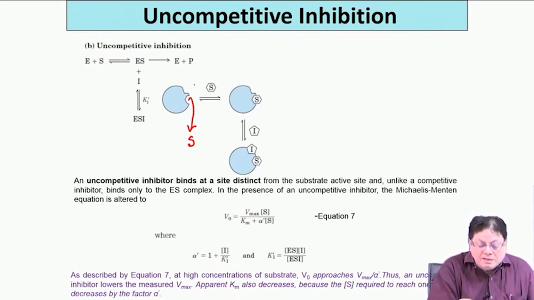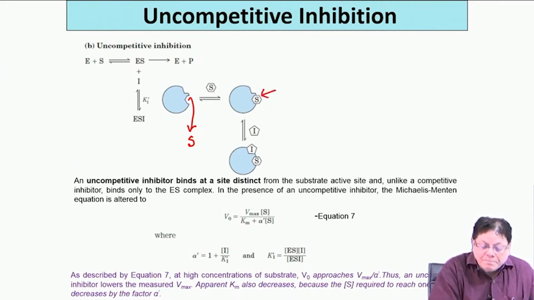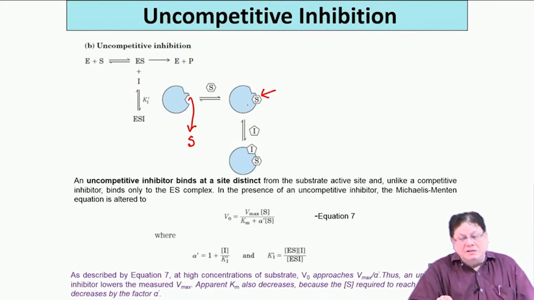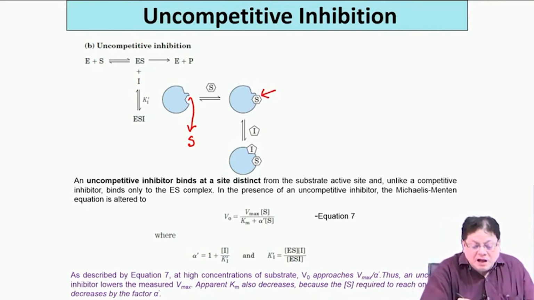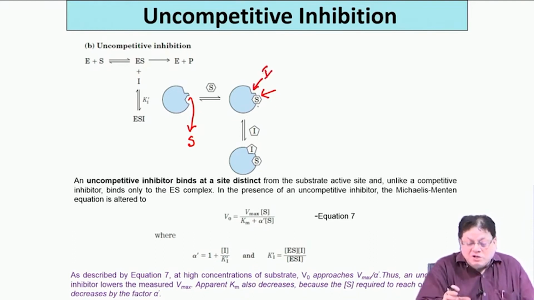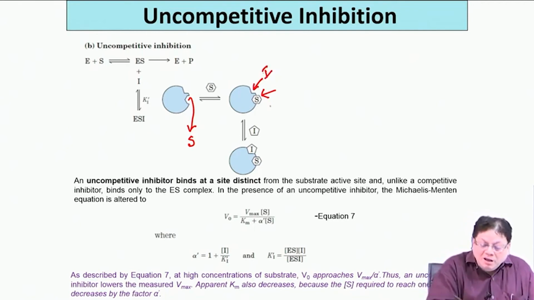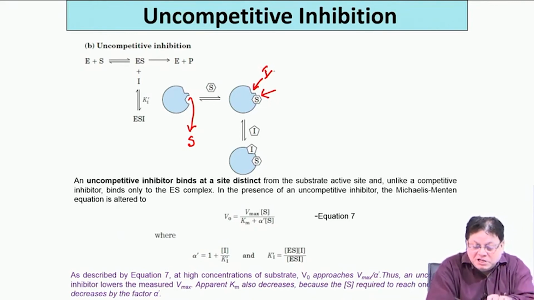What happens here, when the substrate binds to this enzyme, then this other site creates a space now for the inhibitor, or I can say it is now more complementary to the structure of the inhibitor. So, once the substrate is bound, it creates a perfect fit for the inhibitor at a particular region, and then that binds.